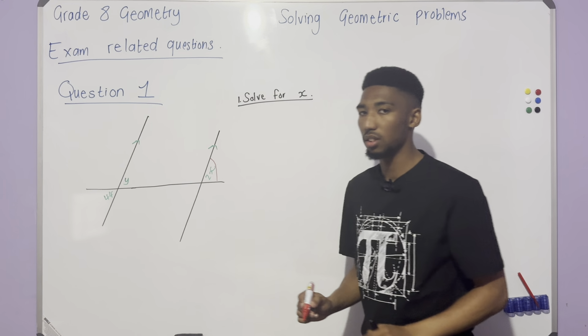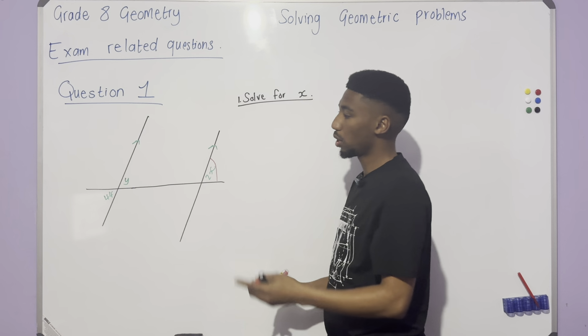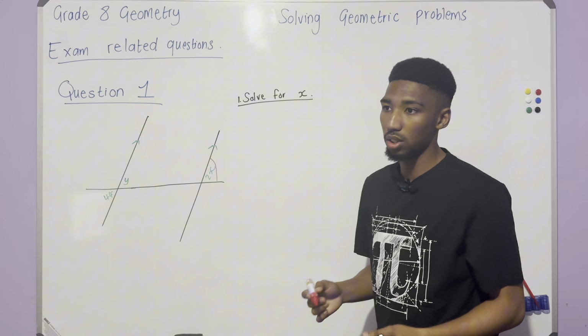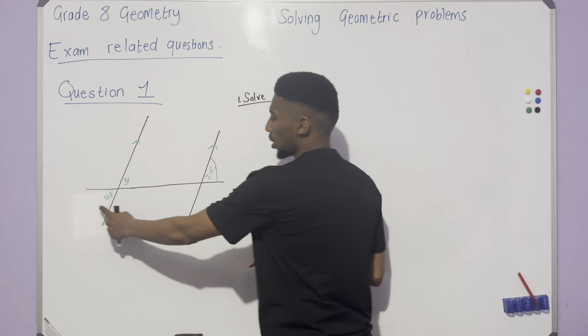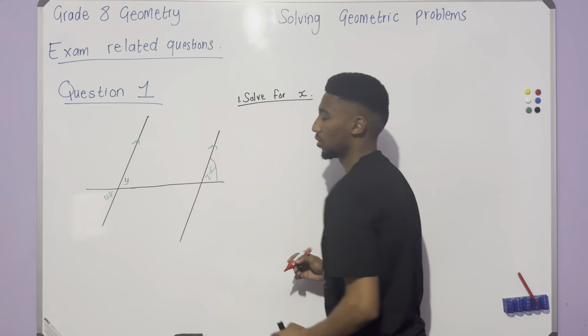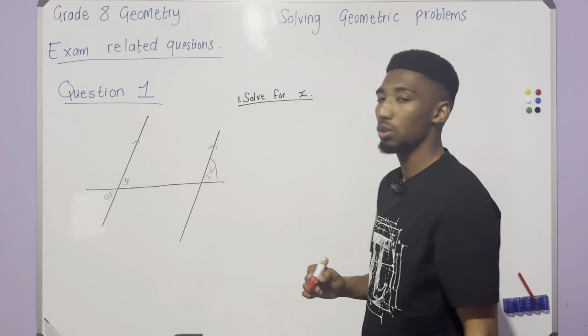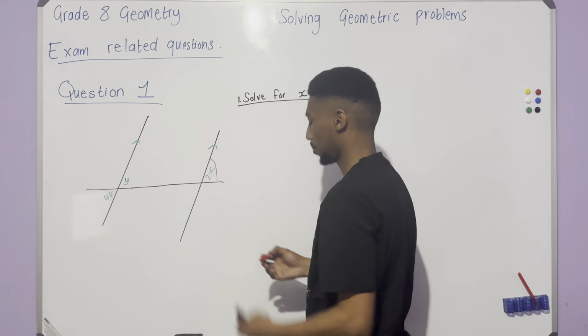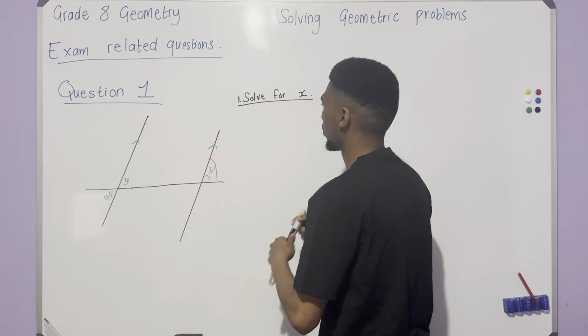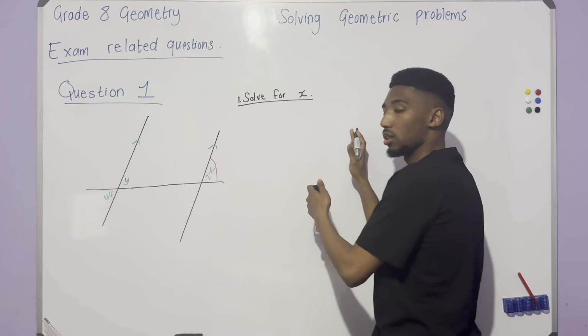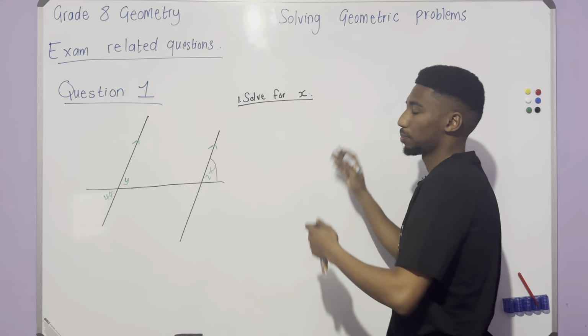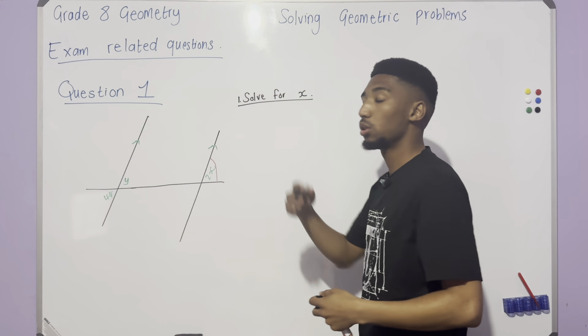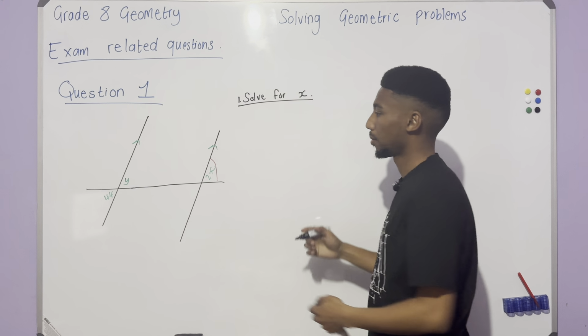Okay, but first, when we are solving geometric problems, you solve what you see. So you can see that 44 is equal to y over there because those two angles are vertically opposite. Okay, so on our road to solve for x, we may need to solve for other angles first.